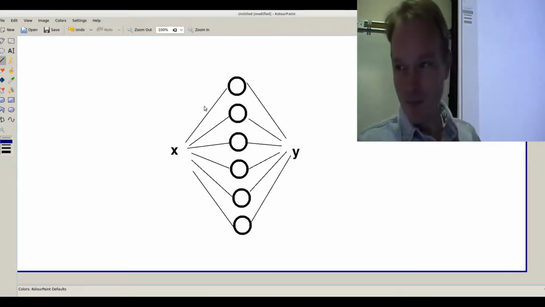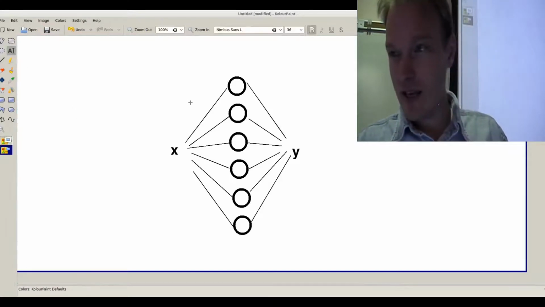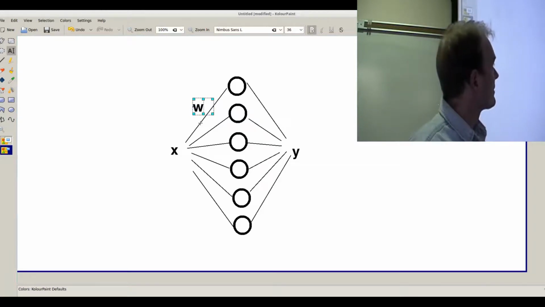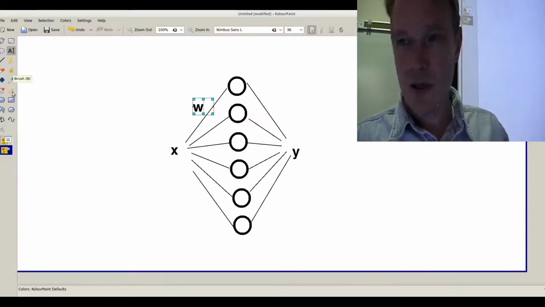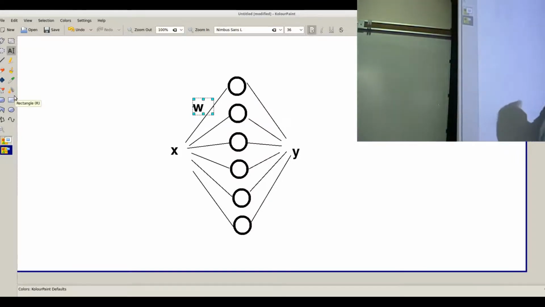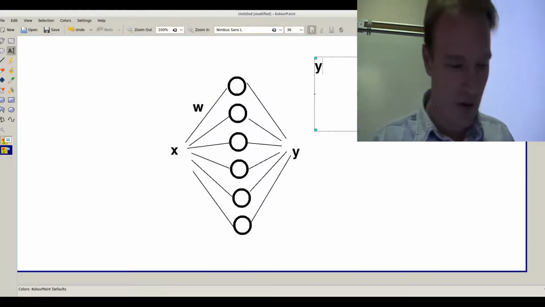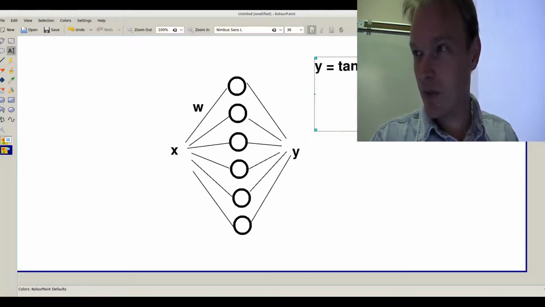Okay, now I'm going to claim that this weight right here that feeds in basically scales the input that goes into that node. Do you see that? In fact, let's write the equation for this whole thing. It's going to come out to y is equal to tanh of wx plus b.